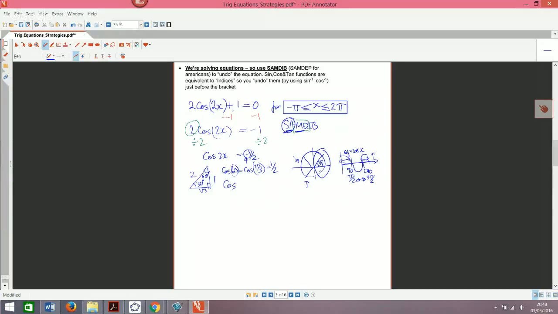And because of the unit circle symmetry properties, I know that pi over 3 is exactly the same as, sorry, I've drawn that particularly badly, is the same as cos of pi minus pi over 3, which is 2 pi over 3. So if that's pi over 3 and that's pi over 3, so I've got that symmetry, then what I'm talking about is pi minus pi over 3, which is 2 pi over 3, and pi plus pi over 3, which is 4 pi over 3.